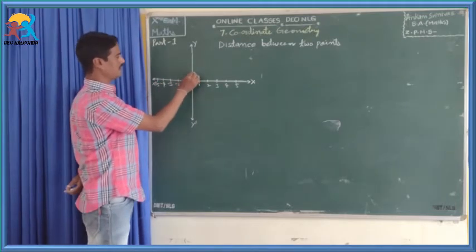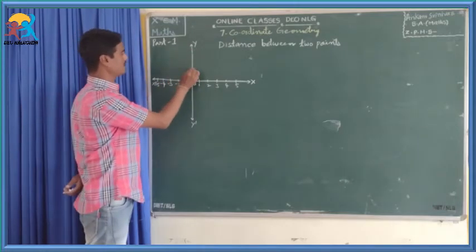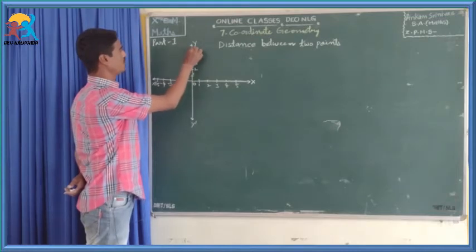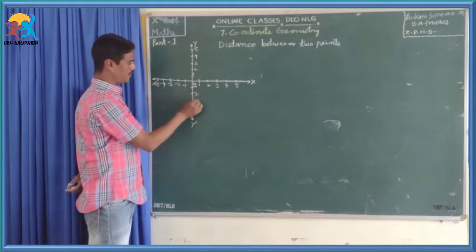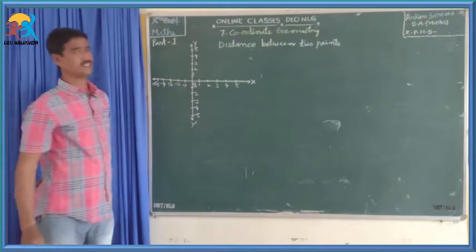The upward direction is the positive y axis 1, 2, 3, 4, 5, and downward is negative 1, negative 2, negative 3, negative 4, negative 5.